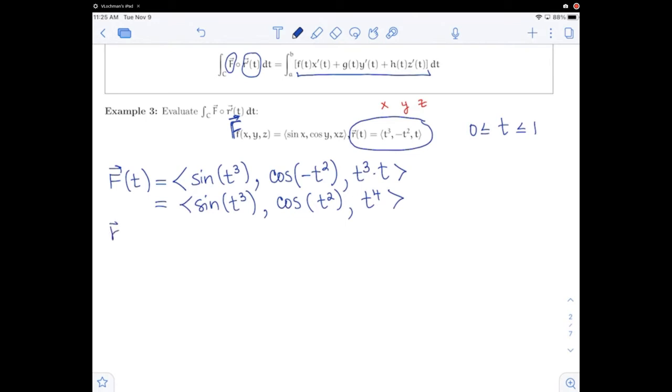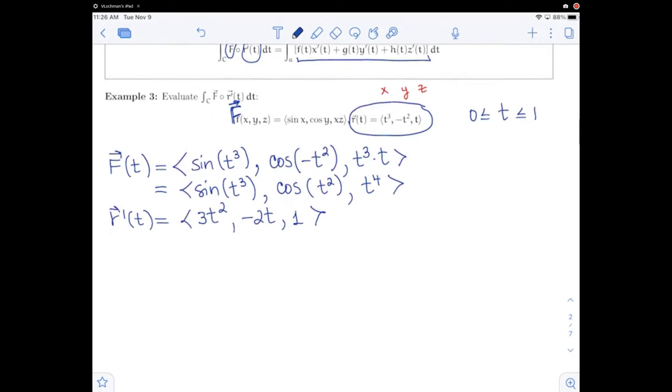Then what about r prime? We can compute that. That's 3t squared, minus 2t, and 1. Now I'm going to set this up separately before I do the integral: F dot r prime. What do I get?